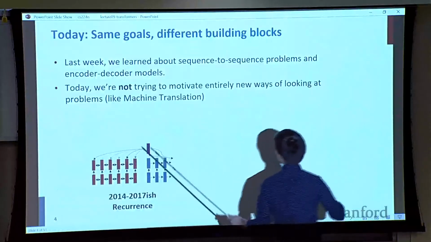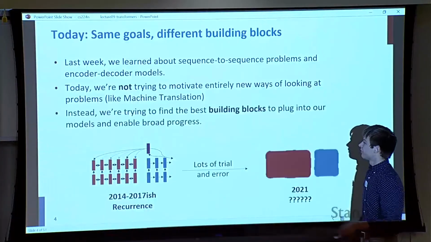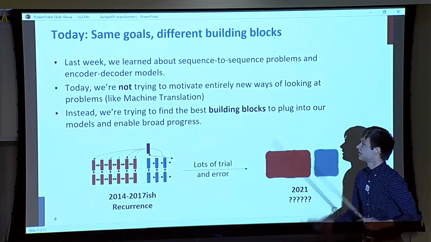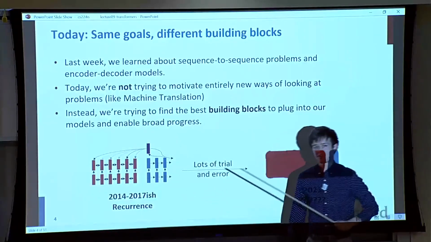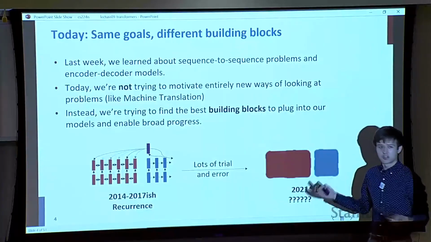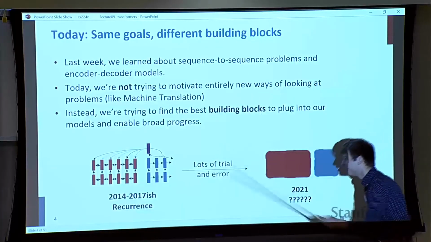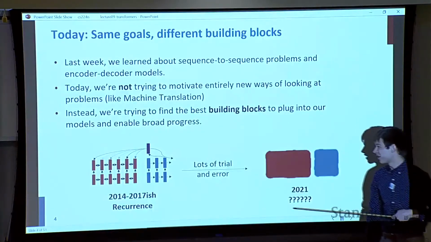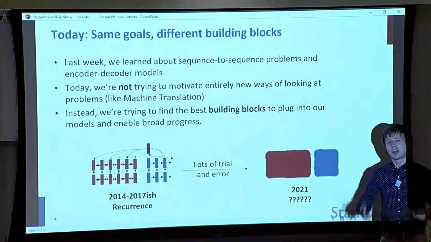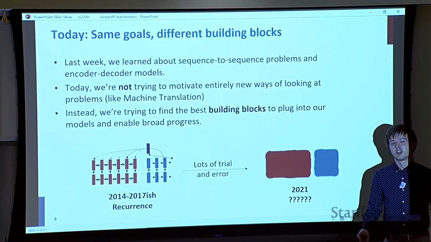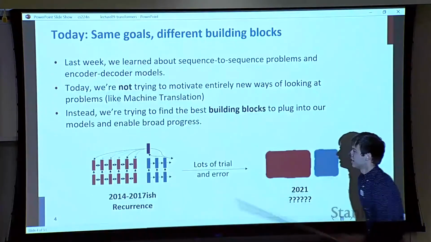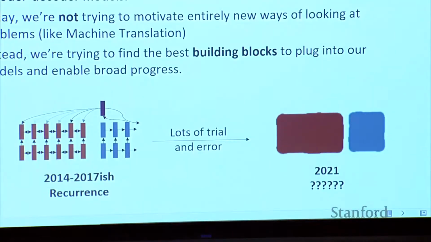We're not trying to motivate an entirely new way of thinking about problems like machine translation. Instead, we're going to take the building blocks that we were using, recurrent neural networks, and spend a lot of trial and error in the field trying to figure out if there are building blocks that just work better across a broad range of problems. Just slot the new thing in for recurrent neural networks and say, voila, maybe it works better.